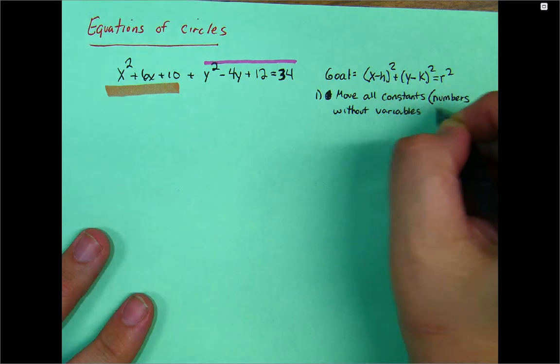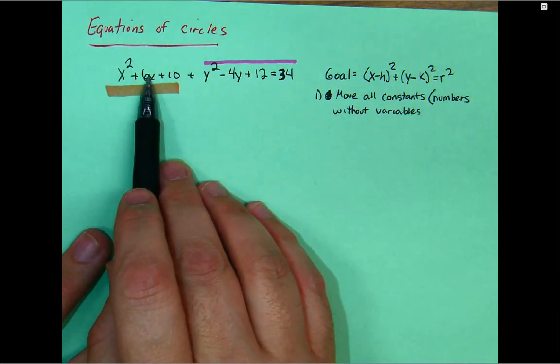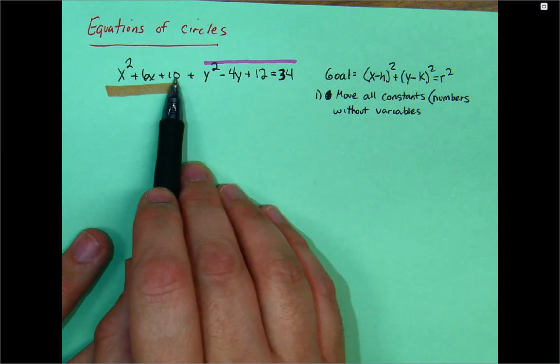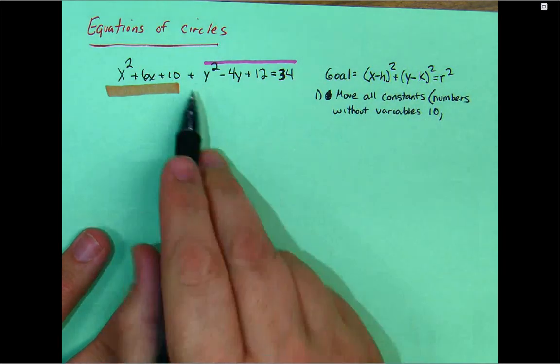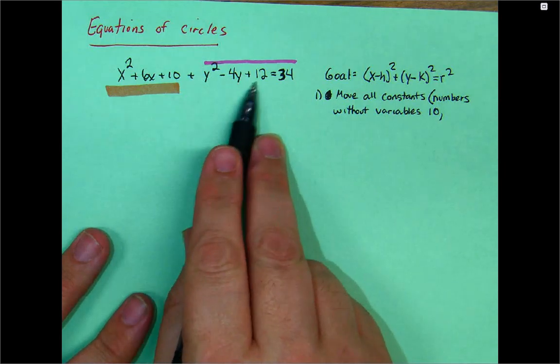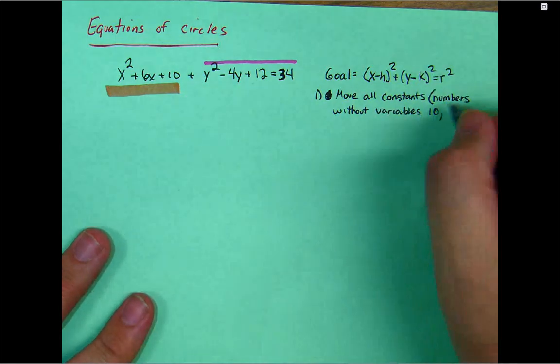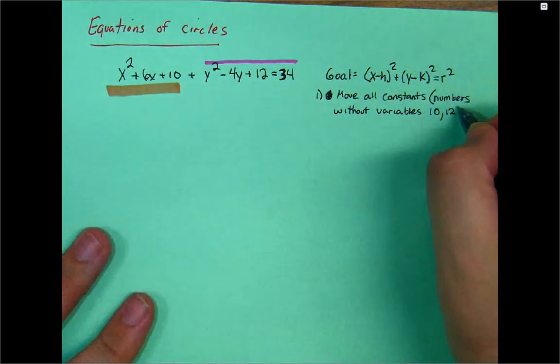So what are the constants here? Is this a constant? Is this? Is this? Alright, so we're talking about the number 10, this one, this one, this one. Yes, the 12, and the 34 is also a constant.